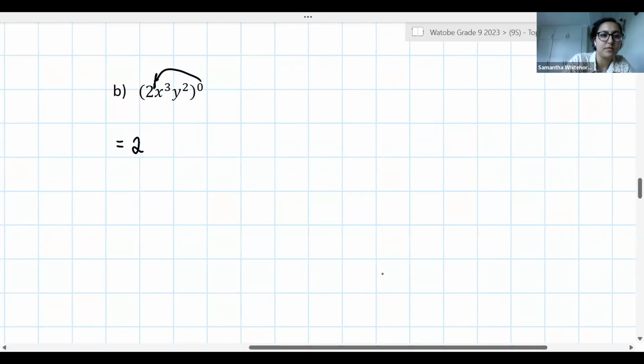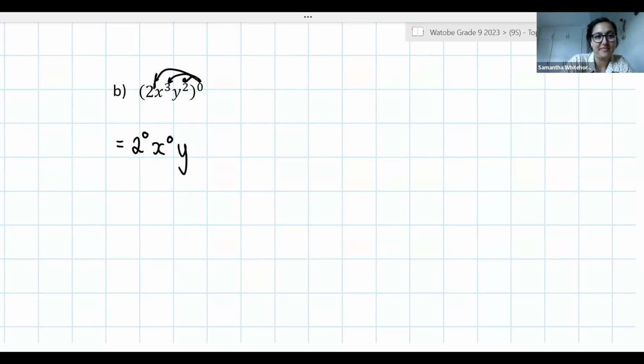So I said 2 to the power of 0. Then I said x to the power of 3 times 0, which gave me 0. So I said x to the power of 0. Then I said y to the power of 2 times 0, which gave me 0. So then I multiplied them all together, which gave me 1.